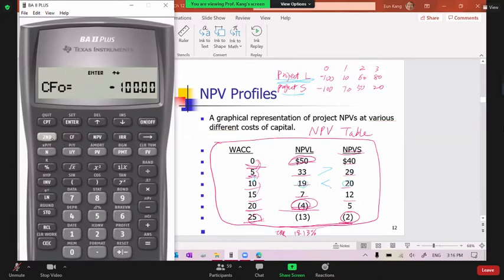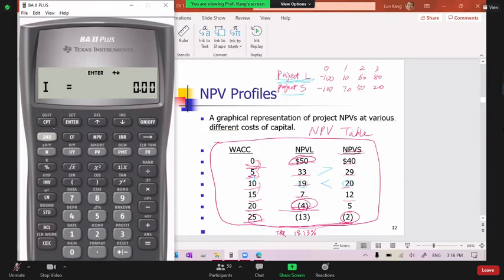Okay. CF0, clear work, and CF0 is negative 100. C1 is 70, right? And C2 is 50. C3 is 20, right? And then go to NPV. Because I is 0, just compute.